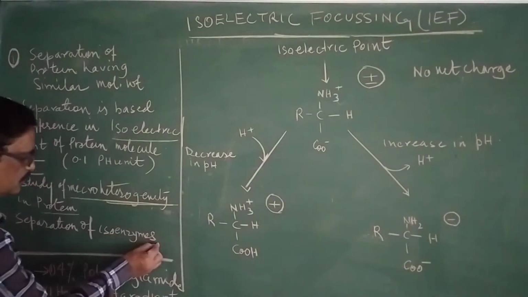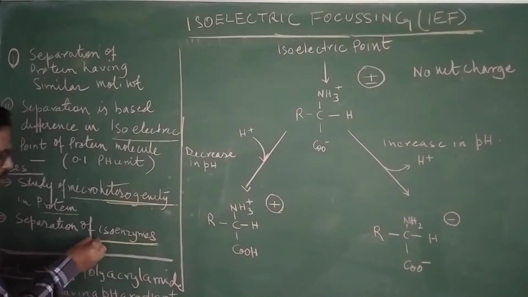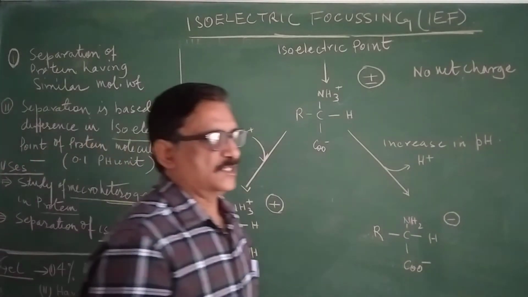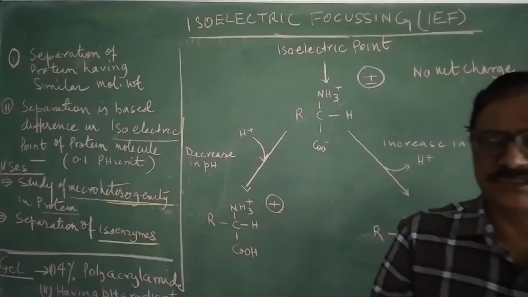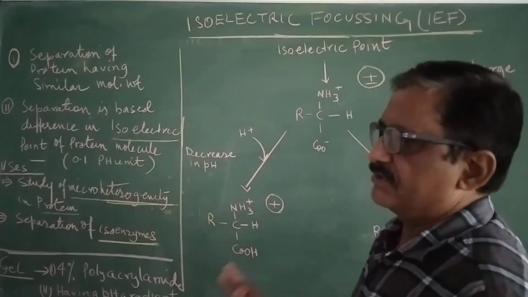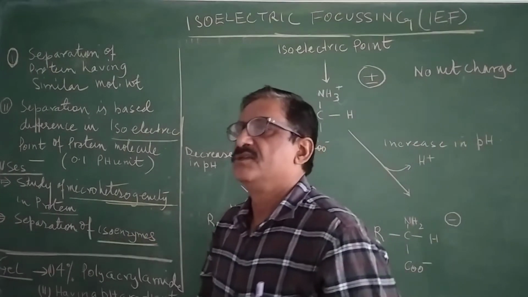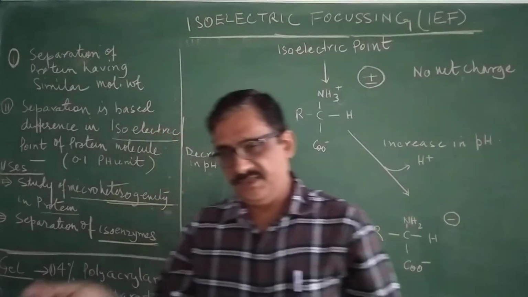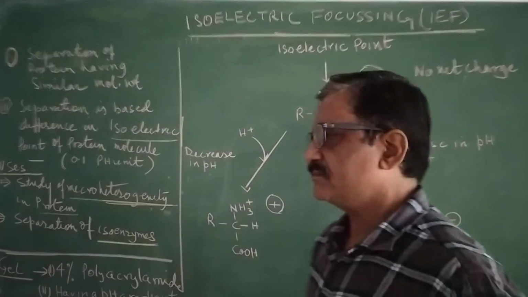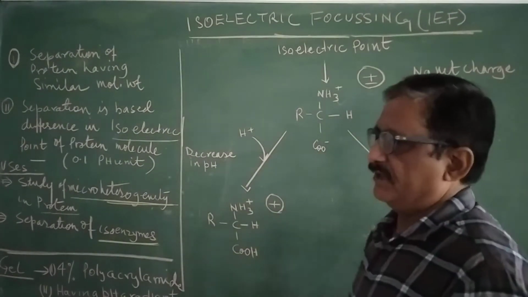In a similar way, by isoelectric focusing, isoenzymes or isozymes can also be separated. Isozymes or isoenzymes are enzymes having a similar sort of function but they slightly differ in their molecular weight.